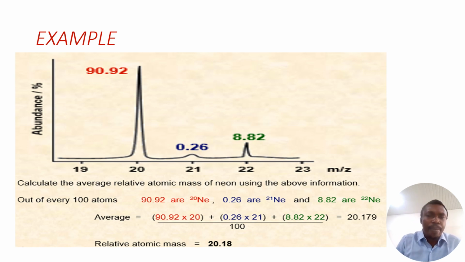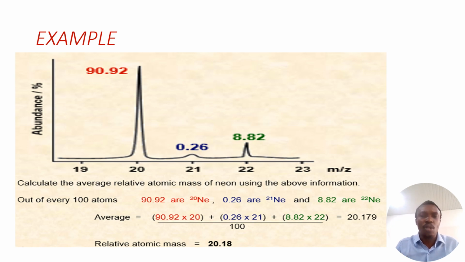So this is an example for us to solve. It's a typical examination question. You are given the mass spectrum of an element, and all you have to do is interpret the mass spectrum effectively. You are asked to calculate the average relative atomic mass of neon using the above information. The mass spectrum of neon is a graph of abundance in percentage against mass-to-charge ratio.